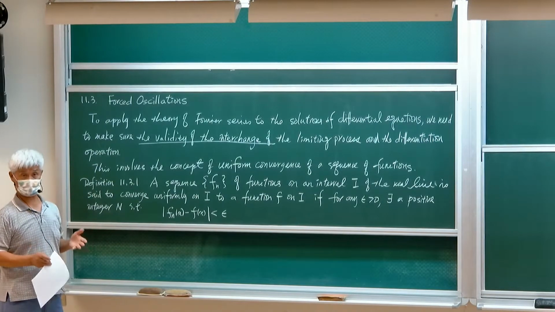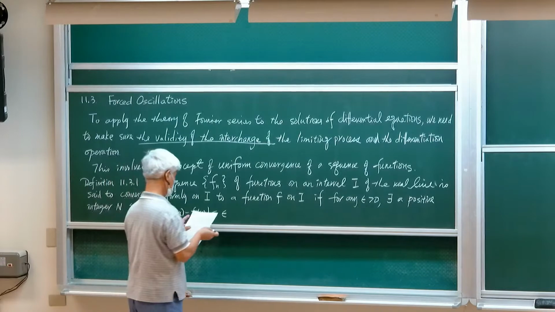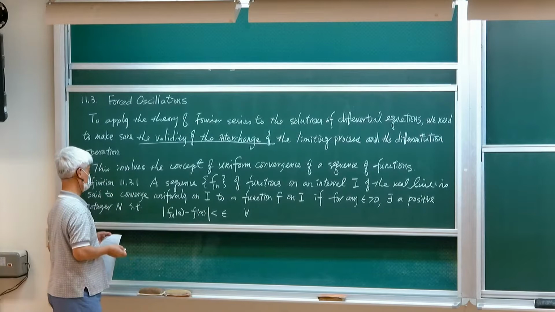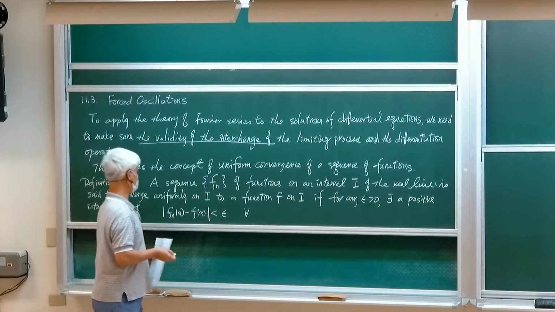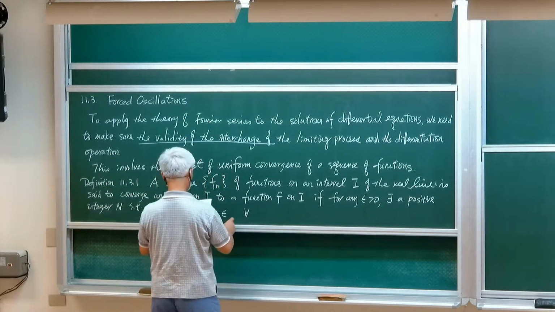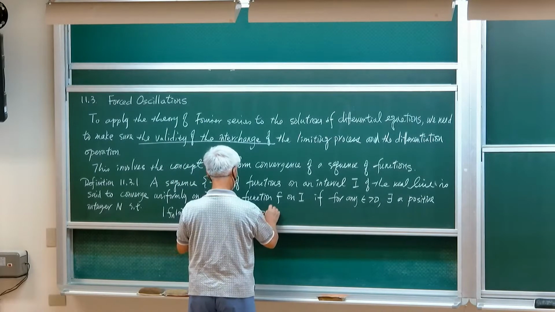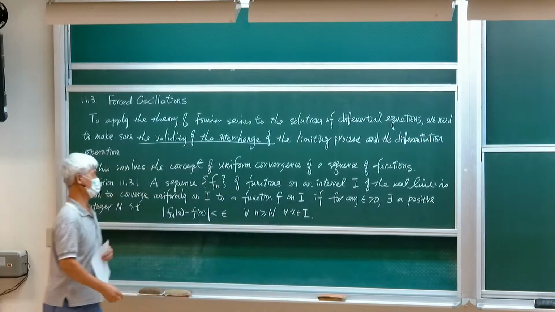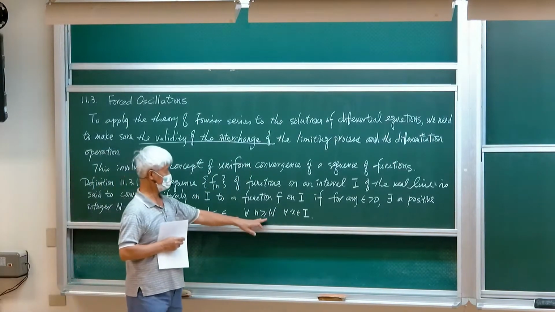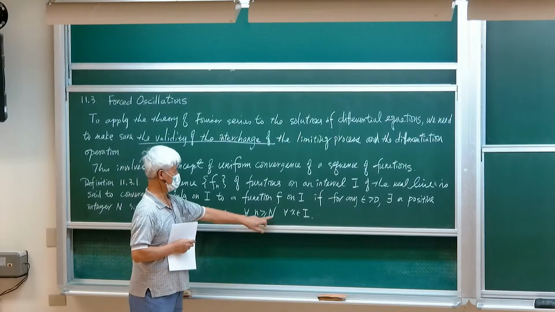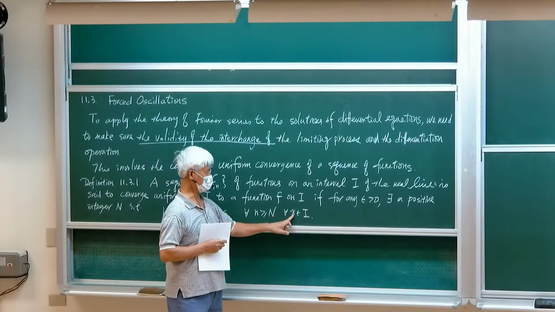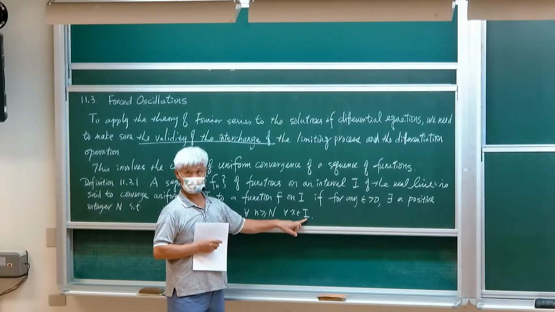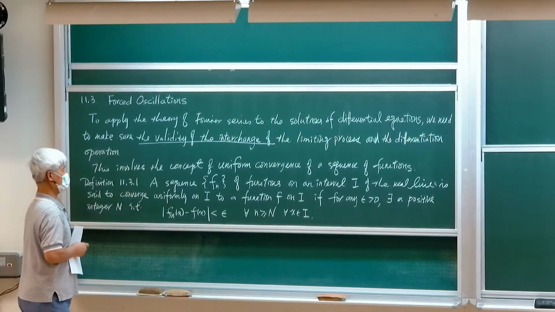So epsilon can be selected very small. And we ask that this is true for all n greater than or equal to capital N, and for all x in I. So the selection of capital N is independent of the point in the domain I. Okay, so it's called uniform.